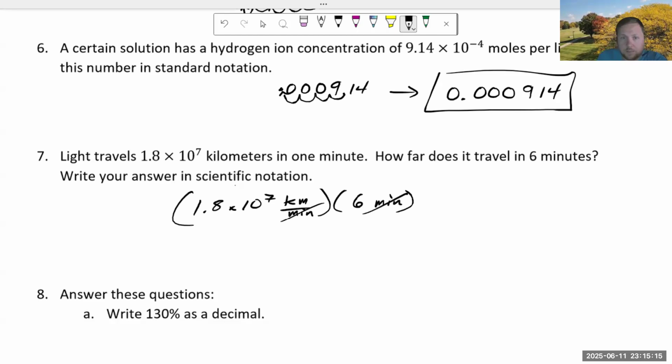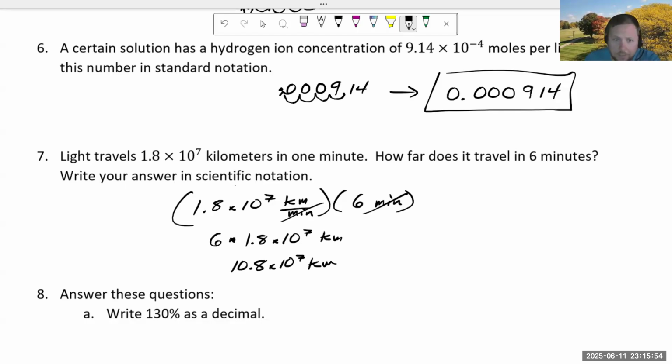Okay. So now I need to take 6 and multiply that by 1.8 times 10 to the 7th. Okay, so I have, let's see, 6. So I have 10.8 times 10 to the 7 kilometers.